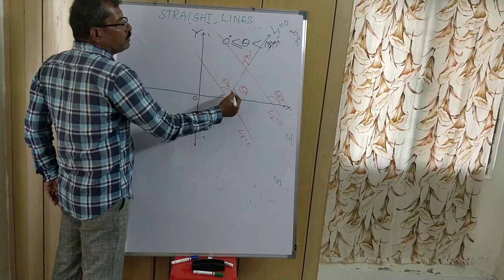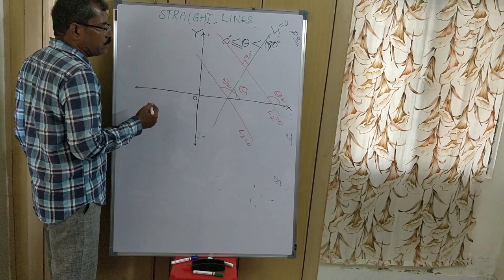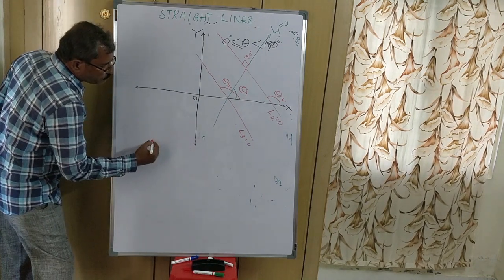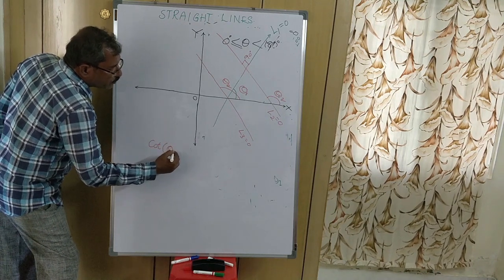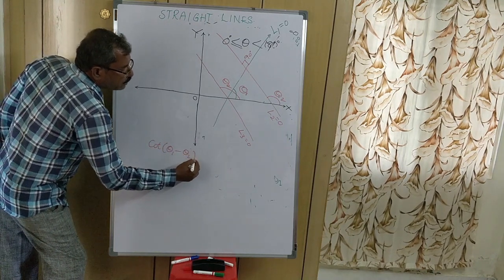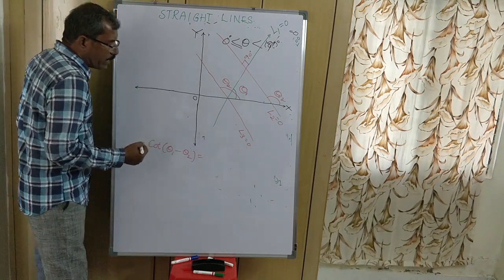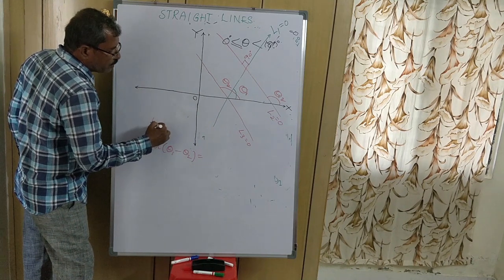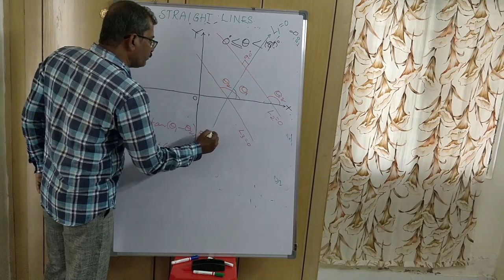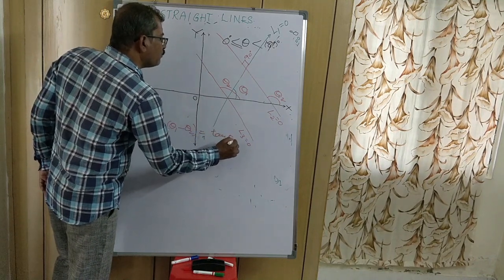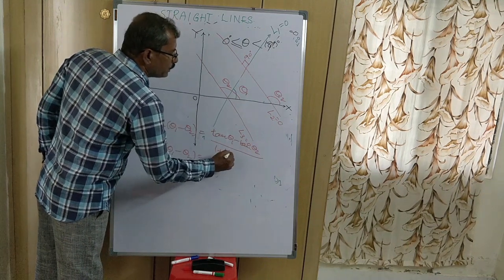The difference between theta 1 and theta 2, say cot of theta 1 minus theta 2, is nothing but 1 by tan of theta 1 minus theta 2. For tan of theta 1 minus theta 2, in trigonometry this is tan theta 1 minus tan theta 2 by 1 plus tan theta 1 into tan theta 2.